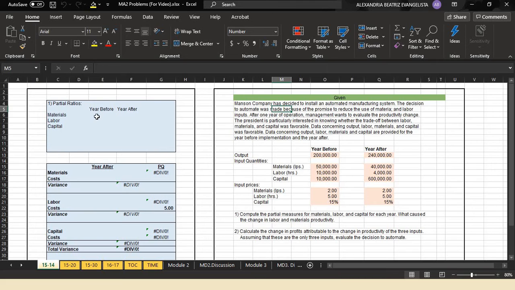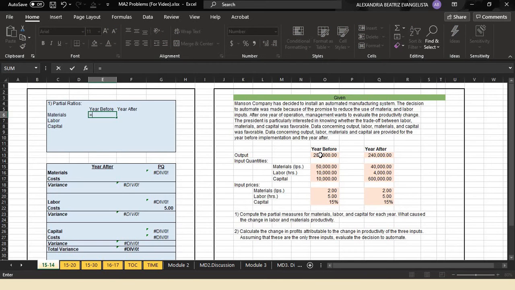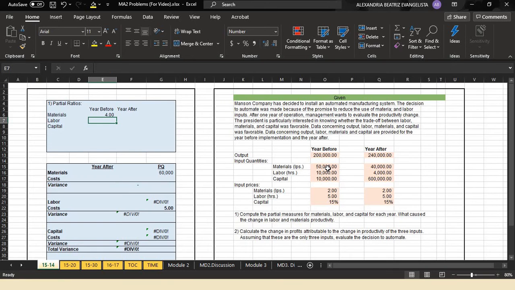So for the year before, as for materials, again, the productivity ratio is output over inputs. So for materials, we're just going to divide the 200,000 outputs for the year before by the inputs for materials, which is 50,000. And that would give us 4.